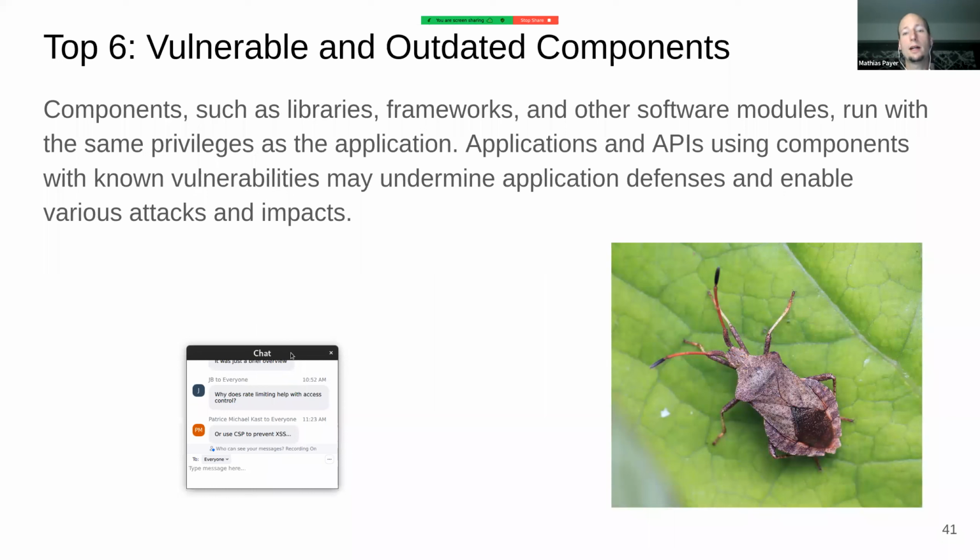You need to keep track of what libraries you're using, what frameworks, what software modules, which privileges they are running with, and what the settings are. So this is a multi-layered, difficult problem. You need to keep track of it, and you need to update whenever vulnerabilities are discovered, so you can keep track of the security issues.